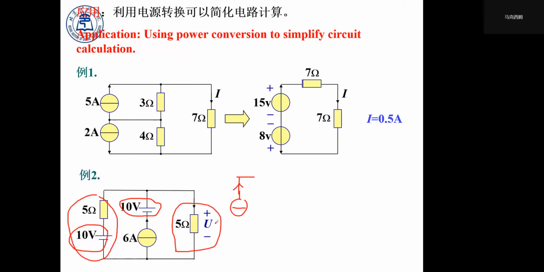resistor. So 10 over 5 is 2, and it is in parallel connection with a 5 ohm resistor.